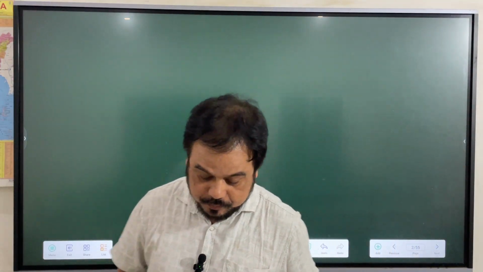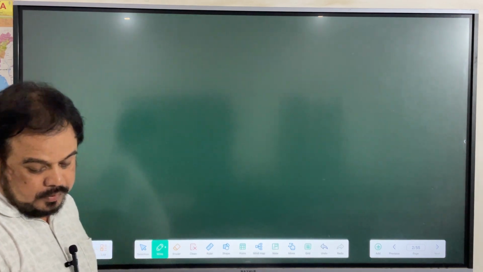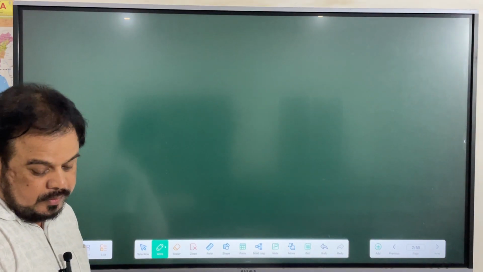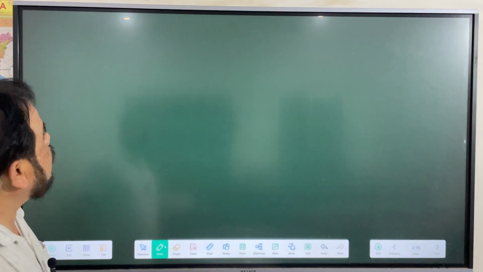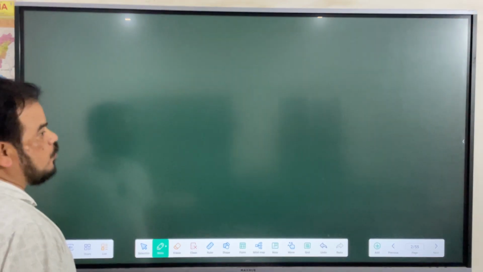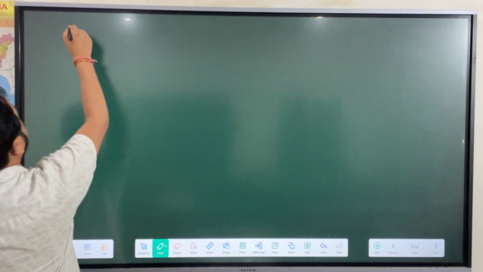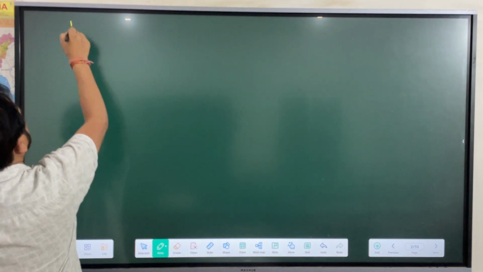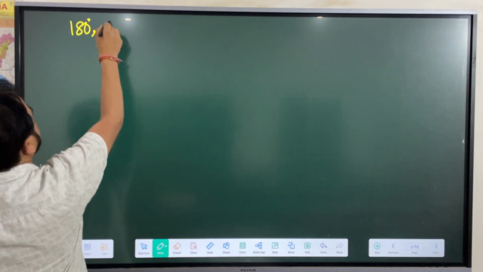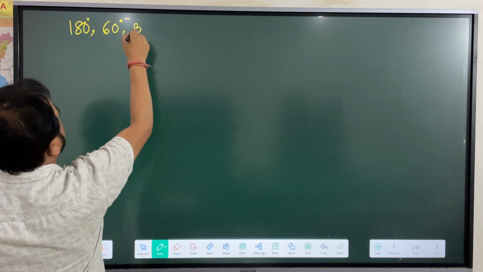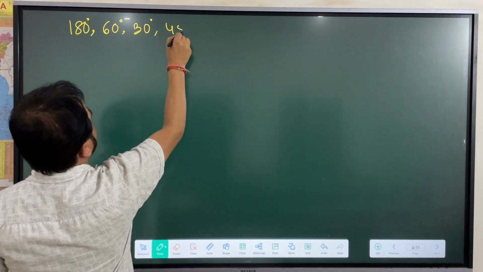Now we have to know some values. Before we go to find out some values, let me explain about pi. We get some of the angles: 180, 60 degree, 30 degree, 45 degree.